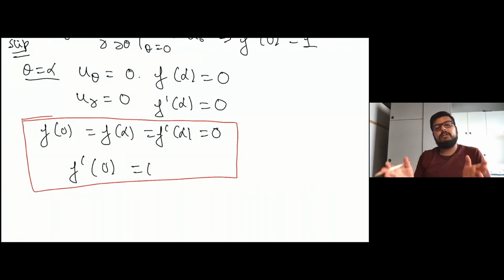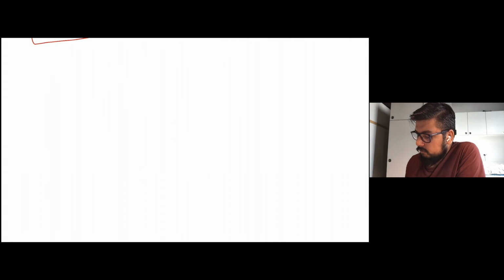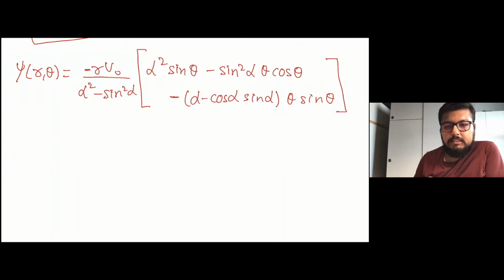So we can plug these boundary conditions in and then find the values of a, b, c, and d. If we do so, what we get is psi of r comma theta is nothing but. So this is the general solution for any angle alpha. Let us consider a special case which is for alpha equal to pi by 2.